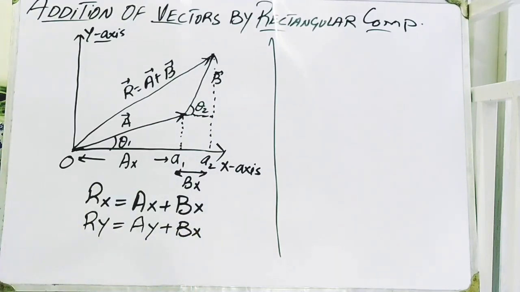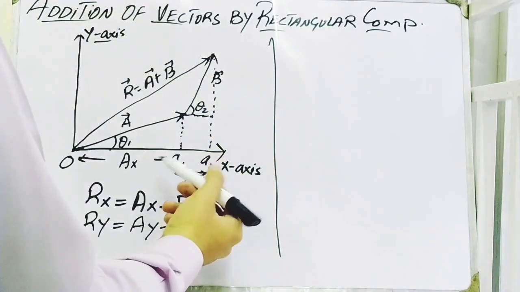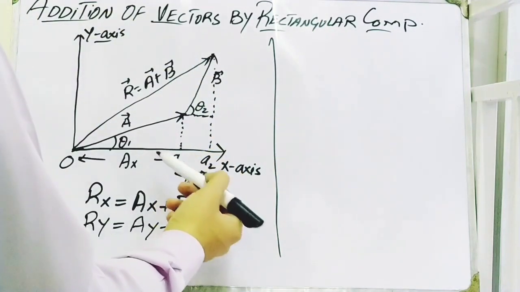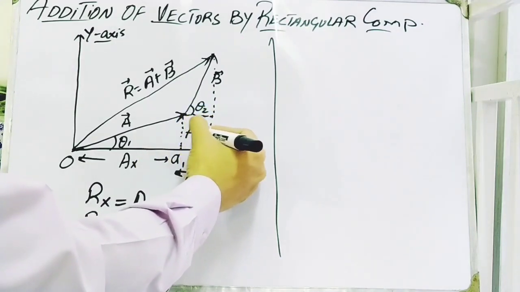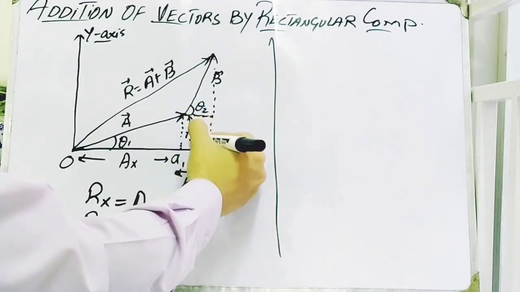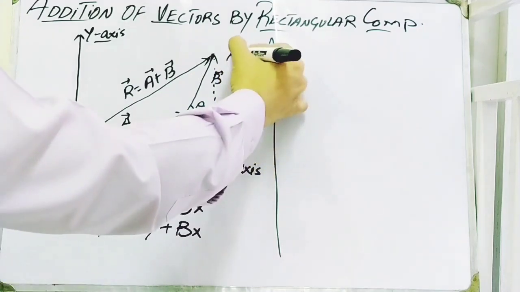To find the magnitude of the vector R by the rectangular components method, we resolve A into Ax and Ay. This is called Ay.